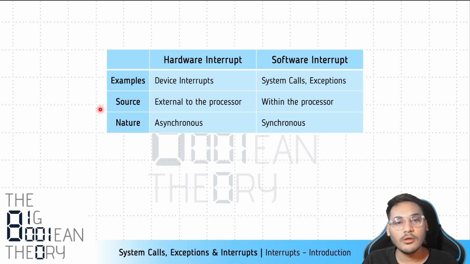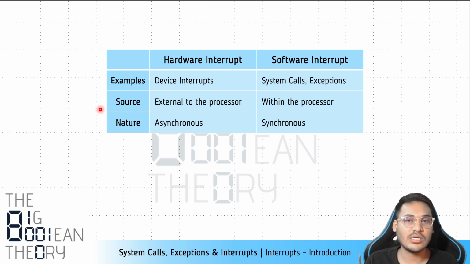Whereas in the case of the software interrupt, the interrupt is from within the processor, from the user process which is executing on the CPU. Whatever software is being executed on the CPU, that is the source of the interrupt. So this is also another difference: the hardware interrupt is external to the CPU, whereas software interrupt comes from within the CPU.